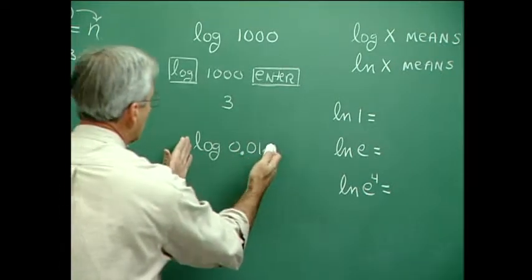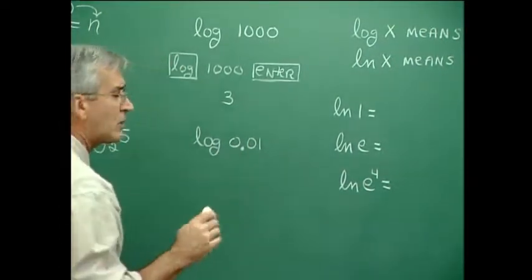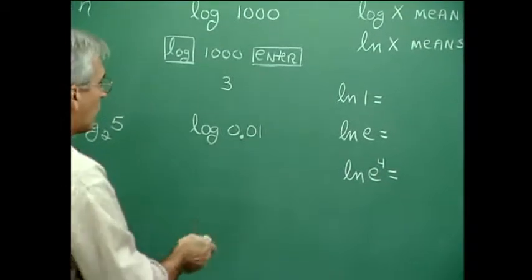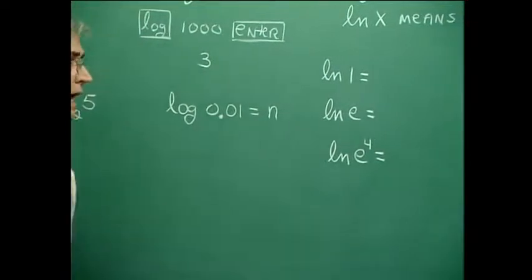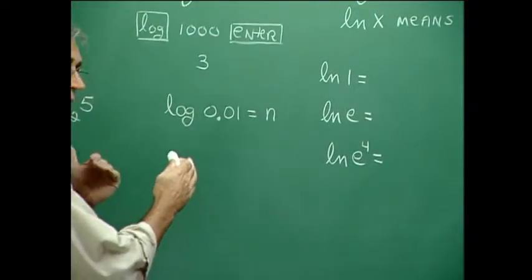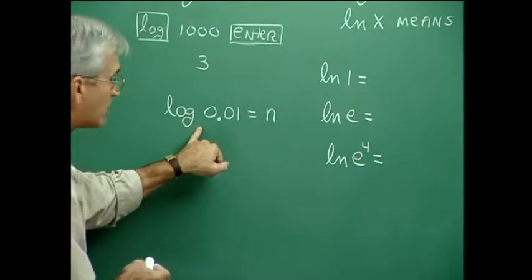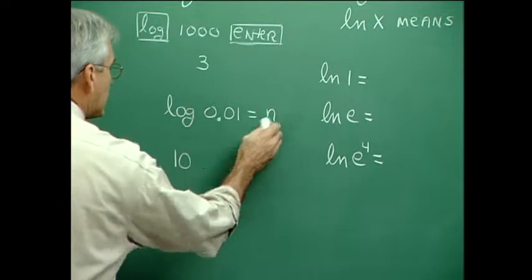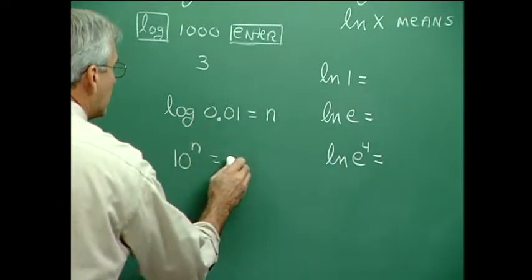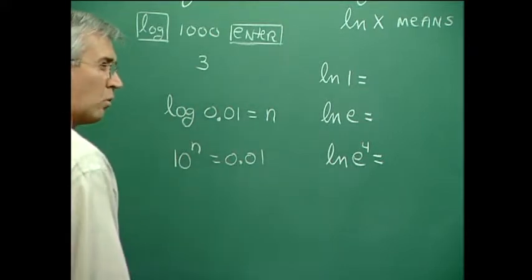Now for this one, once again, we could use the calculator to make the calculation. Let's also go through the algebraic form here. Let's set this equal to some letter like n, and then set up our exponential form. Since the base is unwritten, it is understood to be 10. So this is 10 to that exponent is equal to 1/100th.